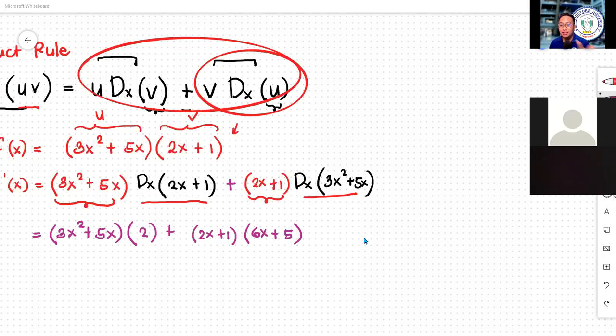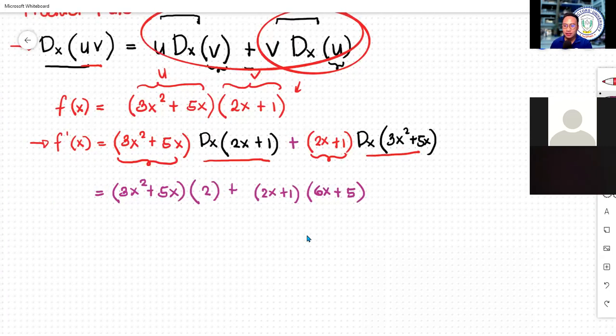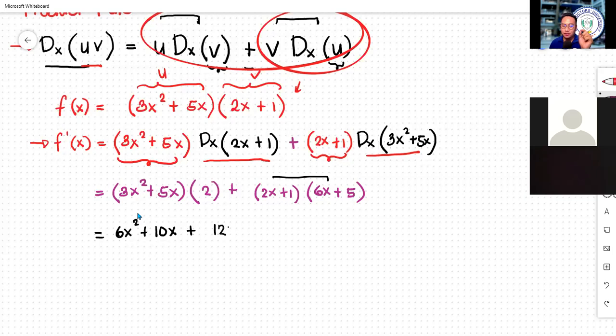And then after this, guys, you do the usual algebraic manipulation, distribute and then combine like terms, and then you're done. So let's work this out. So you multiply 2 to the terms inside the parentheses. We have 6x squared plus 10x, right? Agree? And you have 12x squared plus 10x plus 6x and then plus 5.